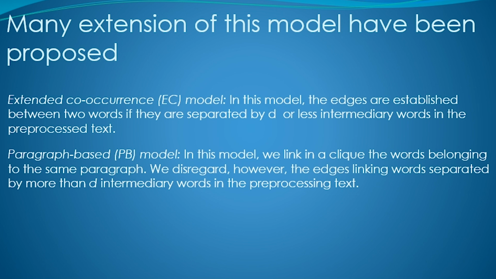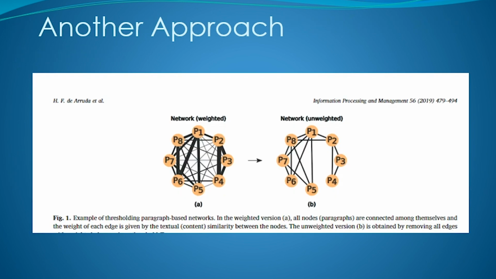So if words belong to the same paragraph, all those words are connected together, but we ignore the edges that are separated by, say, more than 10 words. You can also make a network from paragraphs, based on the textual similarity between them. If P1 and P5 are connected, you give a weight based on the textual similarity, because you have well-defined methods for defining the similarity between two documents.